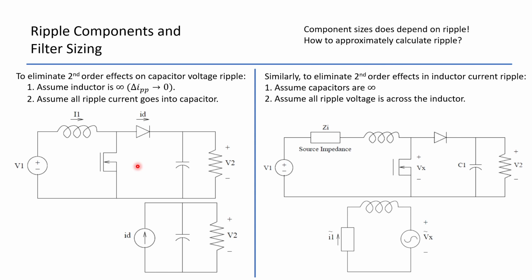Similarly, in order to analyze the ripple on the inductor, the current ripple on the inductor, we need to assume that the capacitance of the capacitor is infinite.